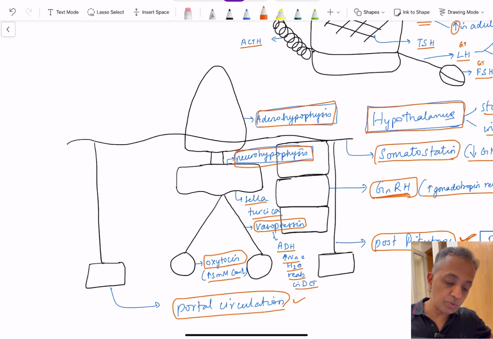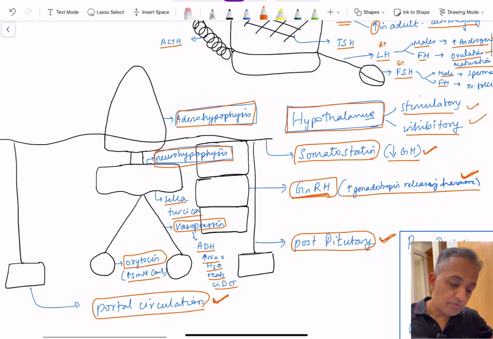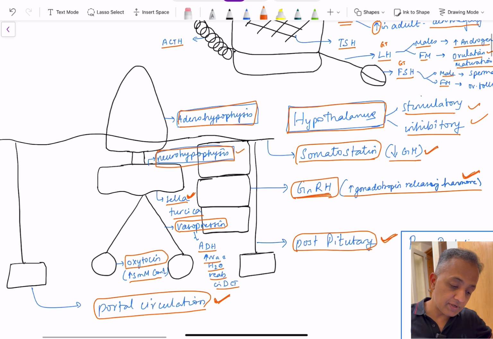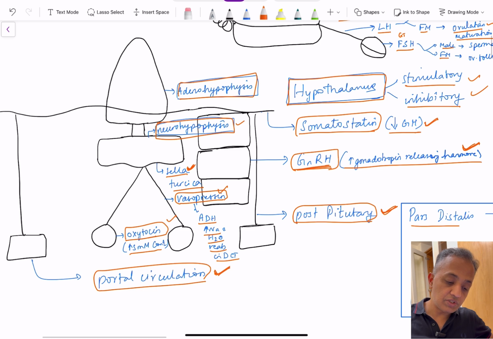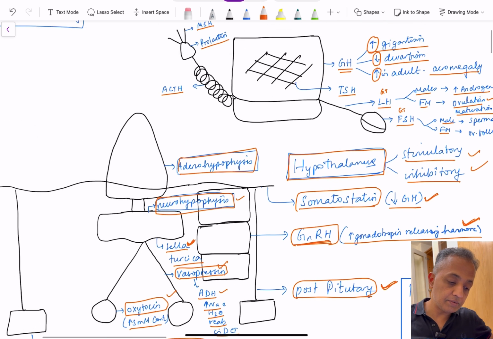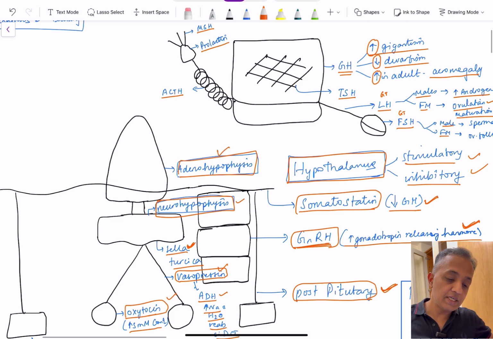And the portal circulation, which links the anterior pituitary and the hypothalamus. Then the neurohypophysis: we talked about the sella turcica, the cavity in the cranium in which the pituitary is located. The neurohypophysis secretes vasopressin, which is ADH, also called antidiuretic hormone, and oxytocin, which causes smooth muscle contraction.